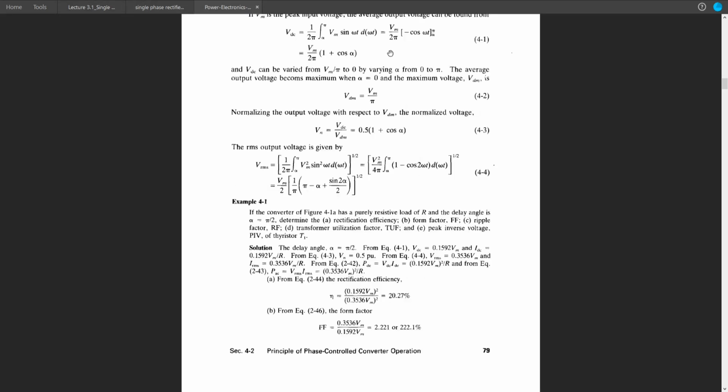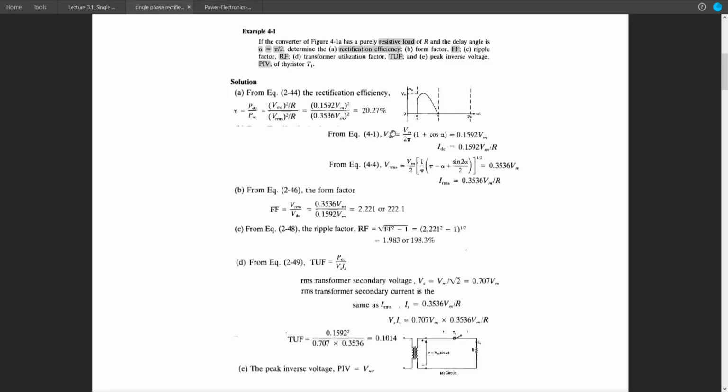This is the same formula from the book. If we put the known values in this equation, we will get the values of VDC and VRMS with respect to VM, since we don't know the value of VM.